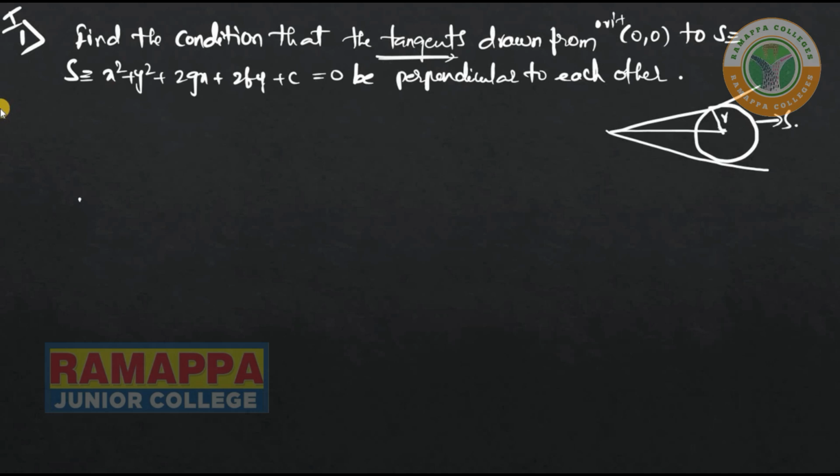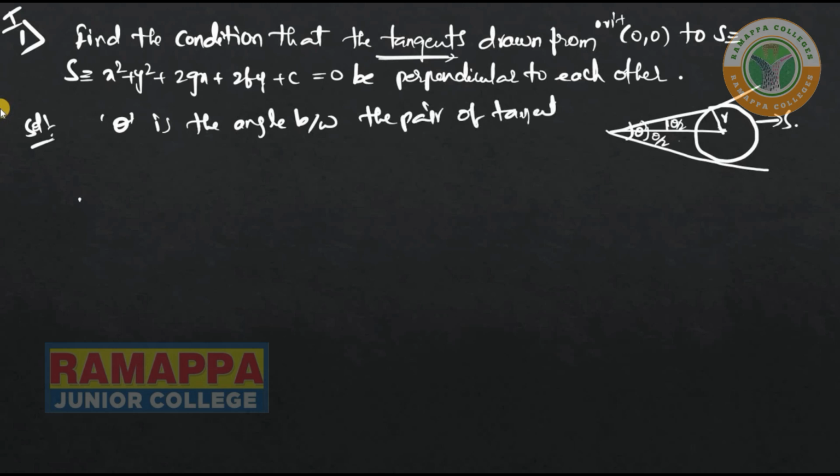The angle between the tangents is theta. This half angle is theta by 2, and this one is theta by 2, so the total is theta. Solution: if theta is the angle between the pair of tangents from P, then tan(theta/2) = r / √S11.